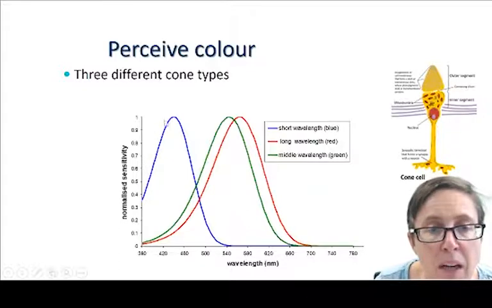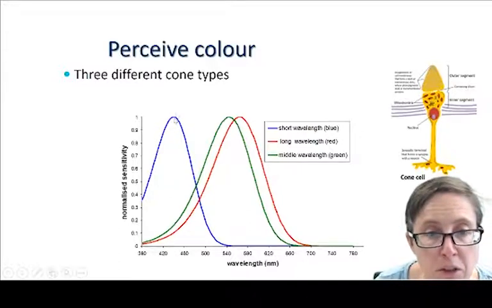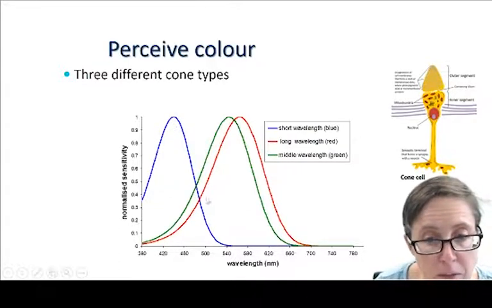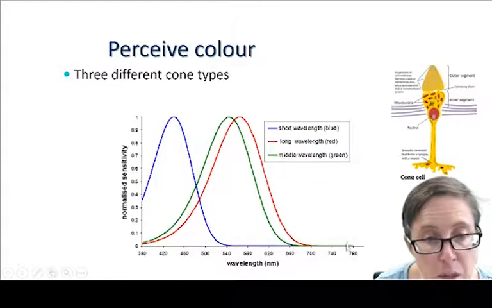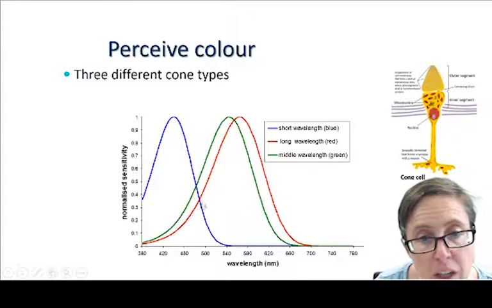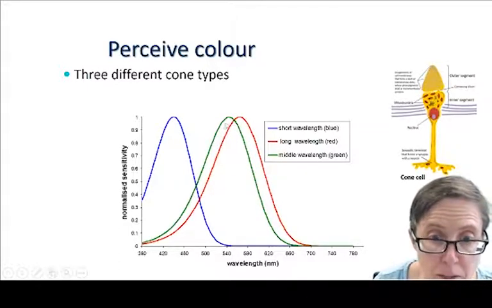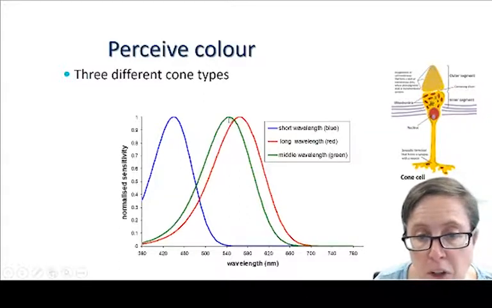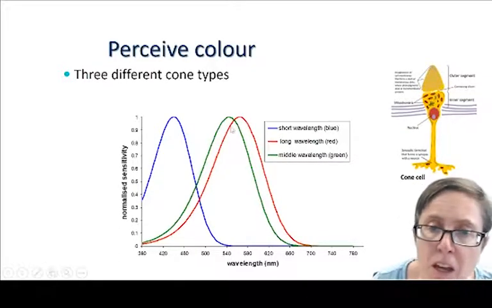It's shown in blue here. This, as you can see, is most likely to absorb photons that are around 420, 430 nanometers wavelength, and they're really not absorbing anything beyond about 550 nanometers. And then we have 2 other cone types, the medium, shown in green, and the long wavelength cone, shown in red, that are both tuned to rather similar wavelengths, peaking at around 550 or 580 respectively.